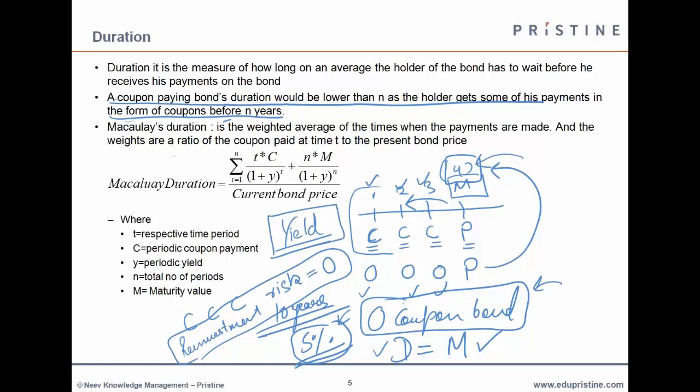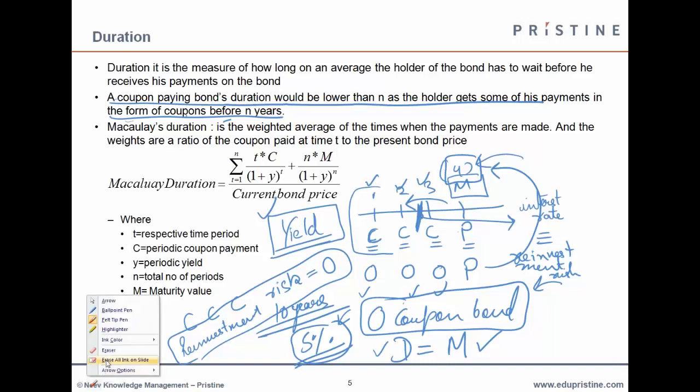Okay, we have got the idea that duration is a special point on a timeline where interest rate risk balances the reinvestment risk, and my yield is guaranteed. I am guaranteed to get a particular yield if I hold on until the point of duration.